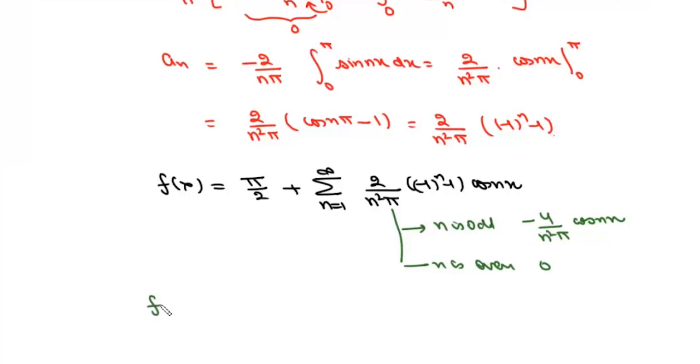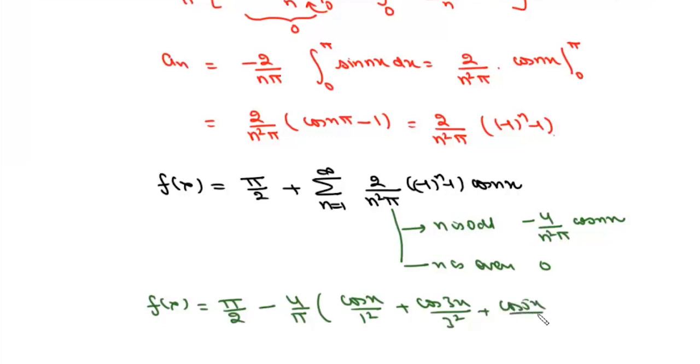So we can write this function f(x) as pi by 2 minus 4 upon pi, and then it will be cos x upon 1 square plus cos 3x upon 3 square plus cos 5x upon 5 square, and it goes up to infinity. So this is the Fourier expansion of the ramp function.